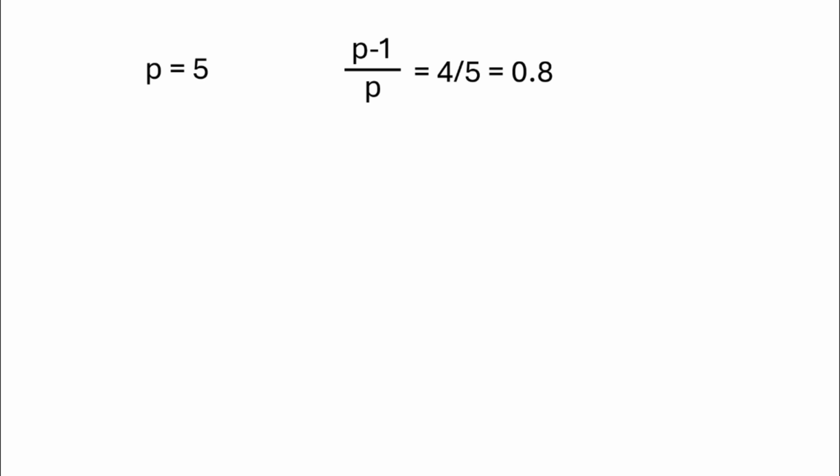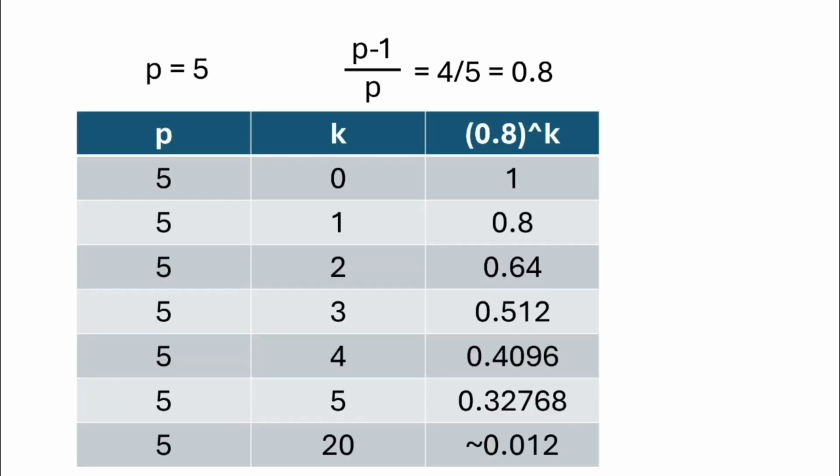Let's just do an example where we look at a lot of different values of k. We'll set p equal to 5 for a minute. So p minus 1 over p is 4/5, or 0.8. And the powers, as k grows, look like this. So it goes from 0.8 to 0.64, and then to 0.5 something, and then to 0.4 and change, and 0.3 and change, and so on.